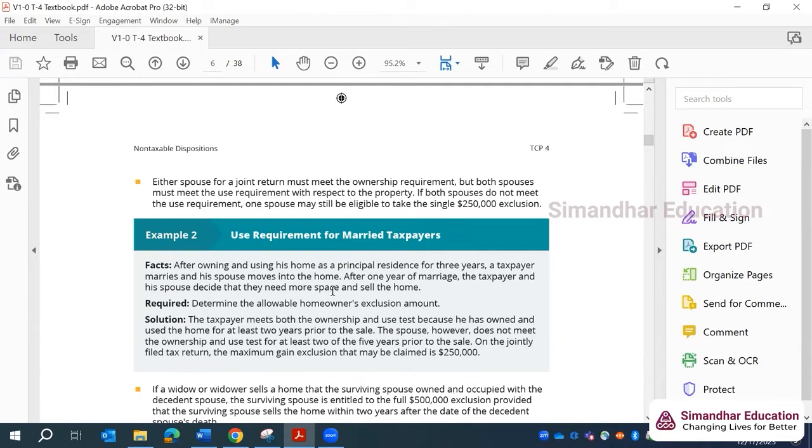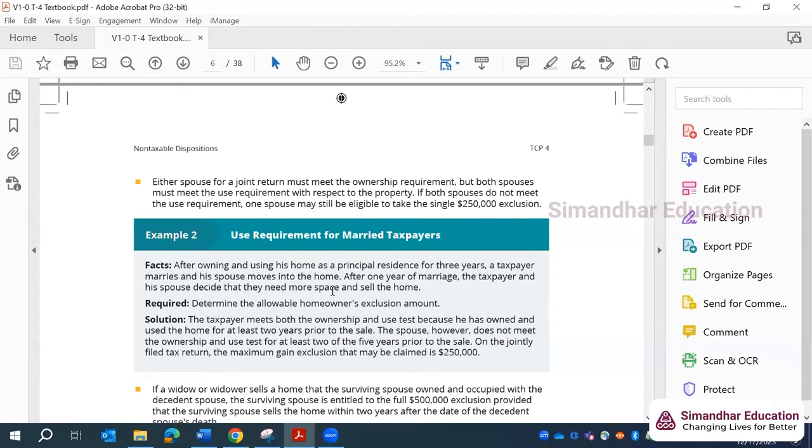Now, not necessarily both husband and wife will own the property. In most cases, the man is the one who is owning the assets. At least that's how it is in India. And sometimes it is possible that the wife is owning the property and the husband is staying in the property, right?